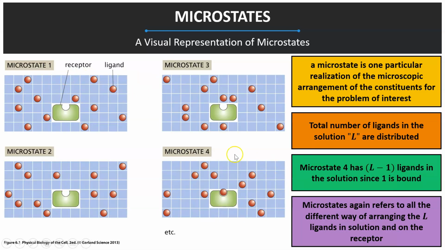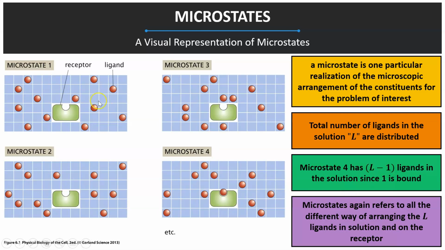In microstate 4, however, there is one ligand bound to the receptor, leaving L-1 ligands remaining to be distributed in the solution. This makes sense since this essentially is saying that of the total number of ligands given by L, one can be thought of as being taken out of solution as it is bound to the receptor, leaving the total number of ligands available in the solution missing one of the total.